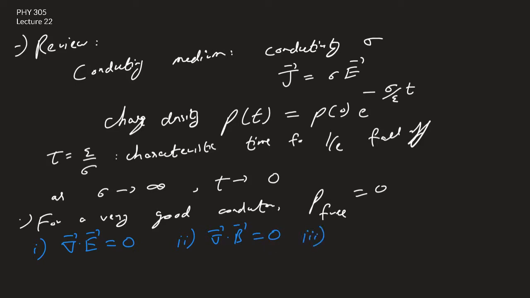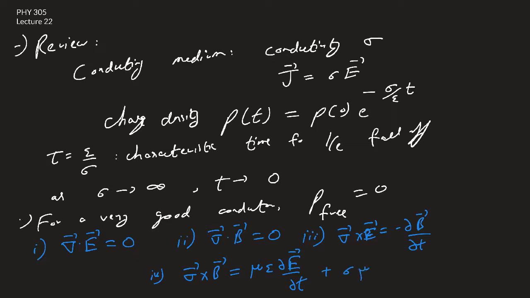Thirdly, del cross E equal to minus partial B by partial t. And the fourth and final differential equation was Ampere's law: del cross B equal to mu epsilon partial E by partial t, as we always had, and then the term due to the current density, which was mu sigma times the electric field.